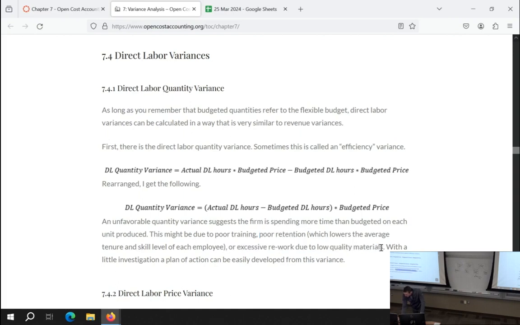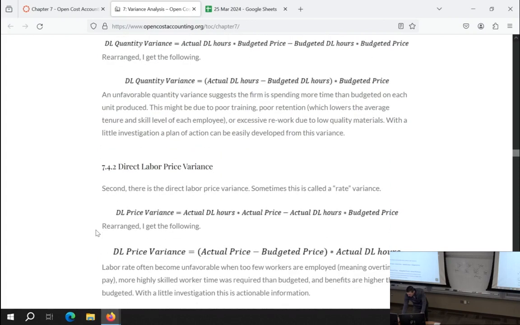Also, there's a possibility you have low quality materials that are leading to extra work. They keep breaking on the factory floor. They keep gumming up the machinery or whatever. So you have excessive rework due to low quality materials. So once you get this variance, you have the right number to ask the right person follow-up questions and drill down to exactly what the cause is of this variance and then root it out.